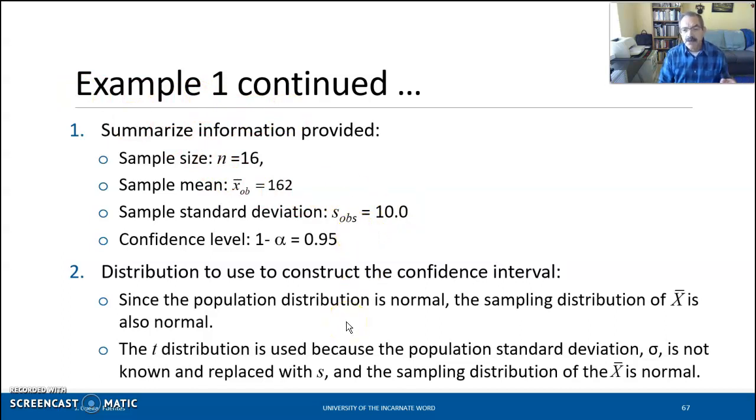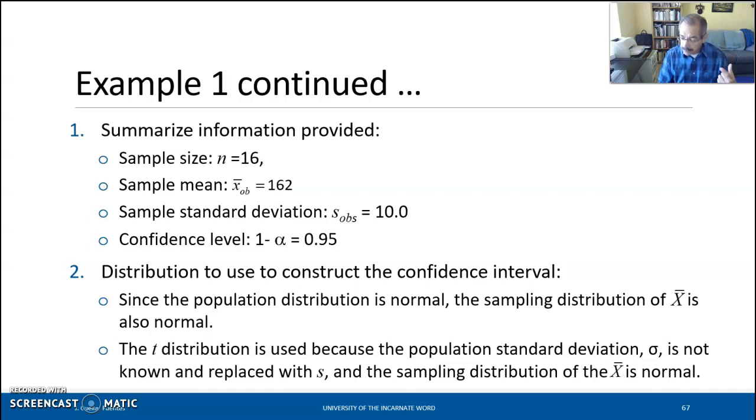The second step is to decide whether we can use the t-distribution to construct the confidence interval. For that, you need to verify two assumptions. Number one, is the sampling distribution of the mean normal? In this case, they tell us that the population distribution is normal, then we know by the central limit theorem that the sampling distribution of the mean is normal.